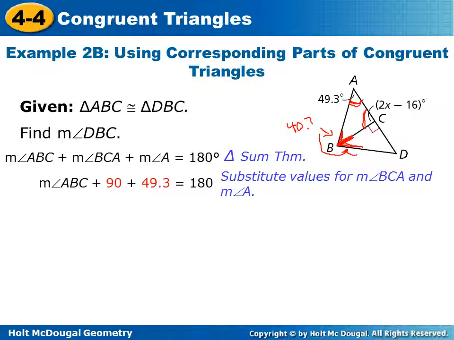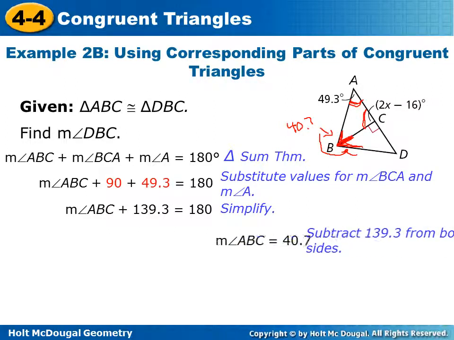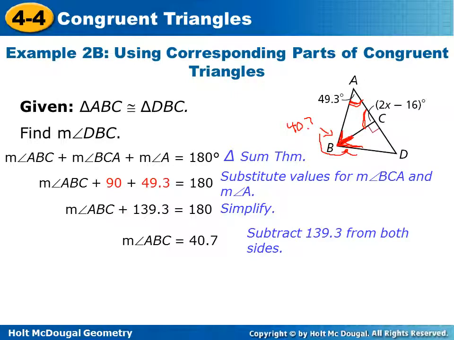If we substitute 90 degrees for BCA and 49.3 for angle A, we get this equation. Simplifying by adding 90 and 49.3 together, we get 139.3. And subtracting 139.3 from both sides, we get the measure of angle ABC is equal to 40.7.